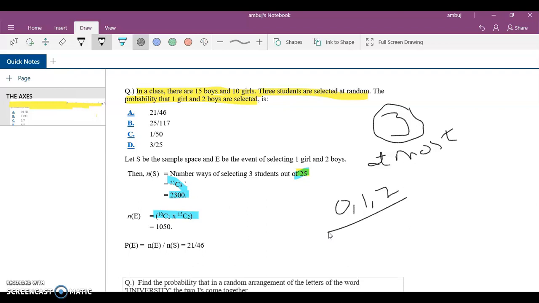When there is 1 boy, there would be 2 girls, and when there are 2 boys, there would be 1 girl. So for that case, the number of favourable outcomes will be 10C3 into 15C0 plus 10C1 into 15C2 plus 10C2 into 15C1. With the calculation you will get a proper answer, and then you can find the probability of the event, that would be nE divided by nS. In this case it's coming to be 21 by 46. I hope I'm clear.